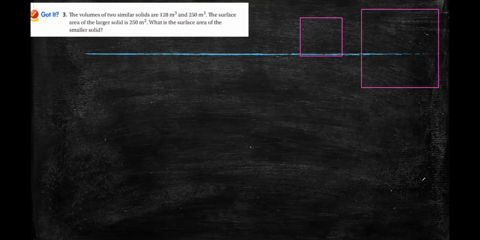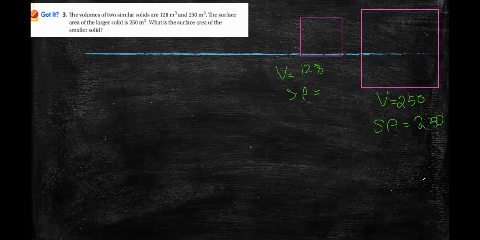The volume of the smaller one is 128, and the second one is 250. The surface area of the larger one is 250. What will be the surface area of the smaller solid?